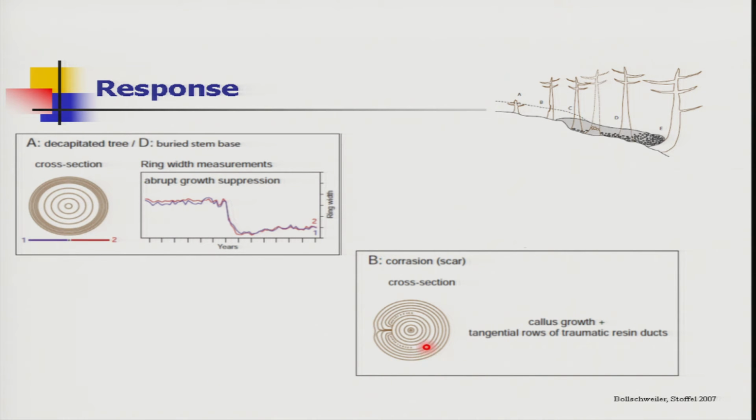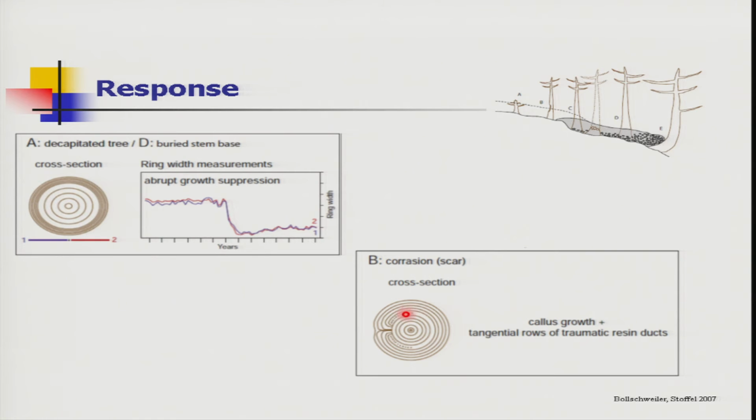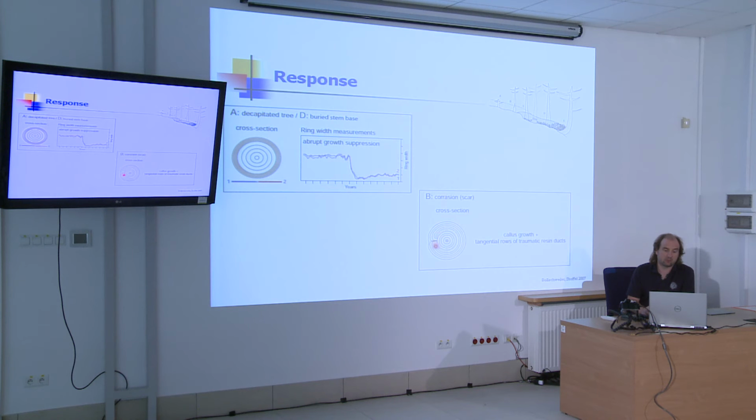Also, it's supported by resin ducts. We call them traumatic resin ducts because the disturbance creates a traumatic situation for the plant, and the resin is a response. For example, if we get scarred, species that produce resin try to cover the scar with resin just to protect themselves against fungi or insects.